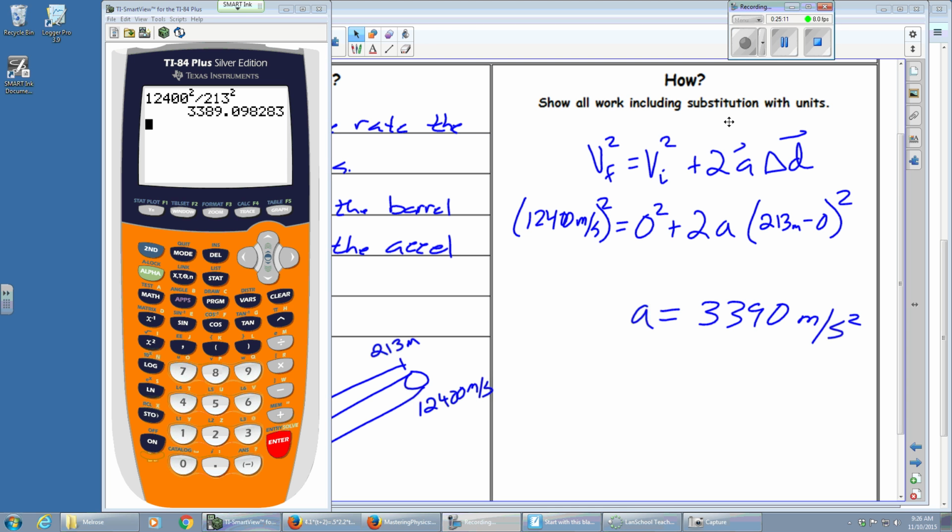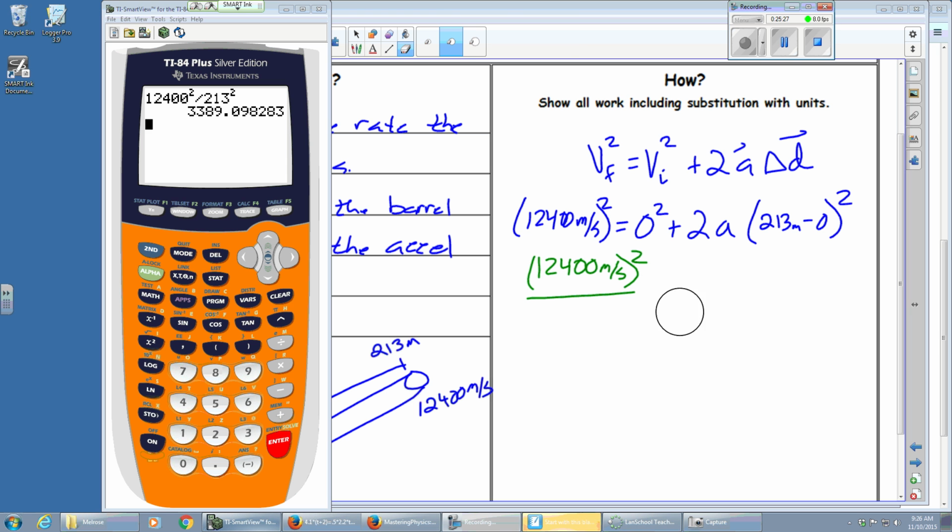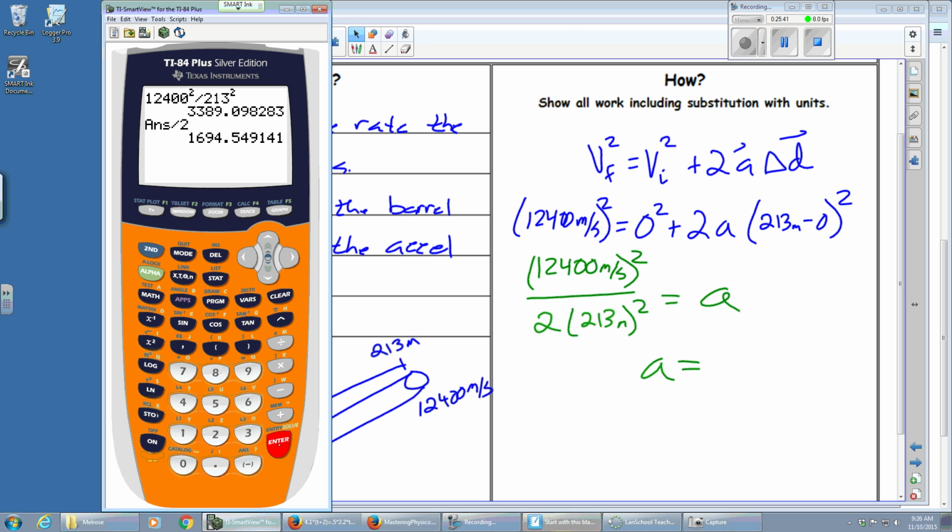I left off the 2 when I grabbed my calculator real quick. What I should have put in my calculator is 12,400 meters per second squared over 2 times the 213 meters squared. That equals A. So I should have gotten 1690 instead. And I bet that will be right.